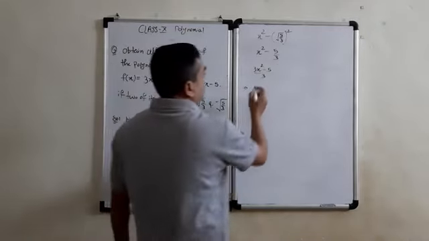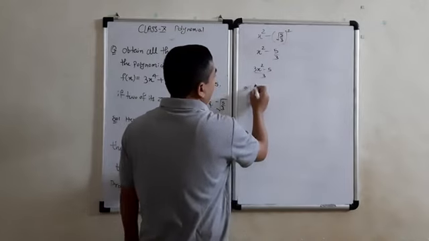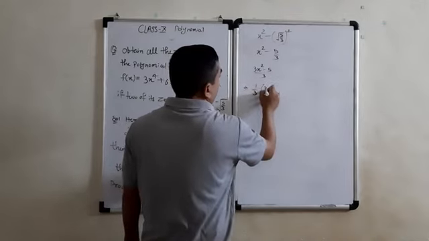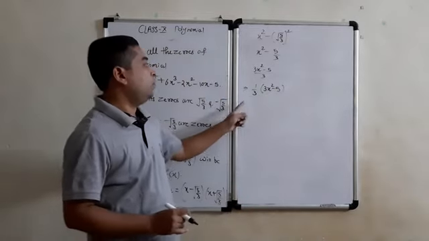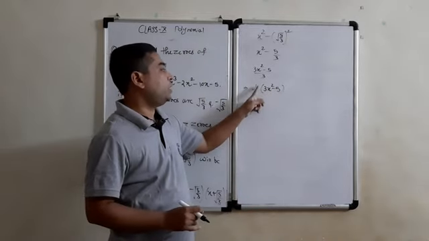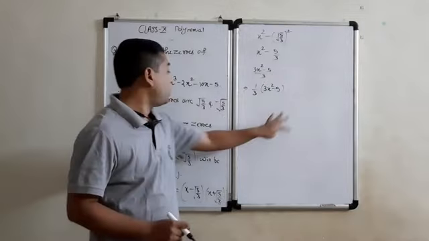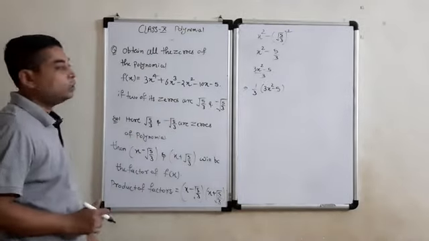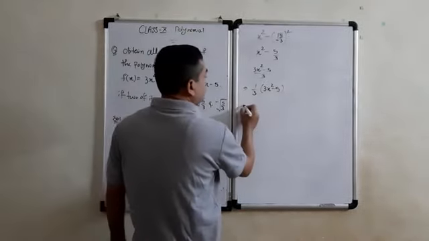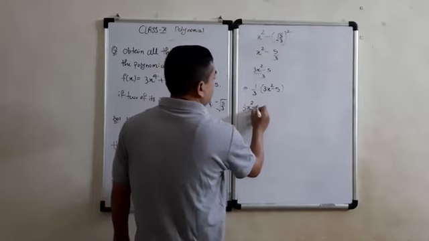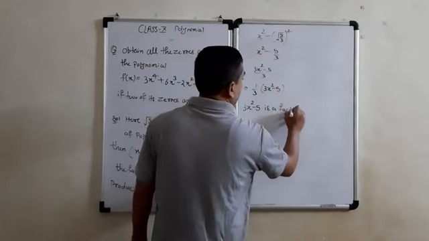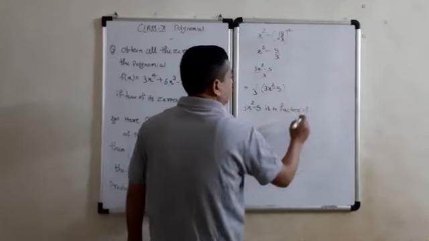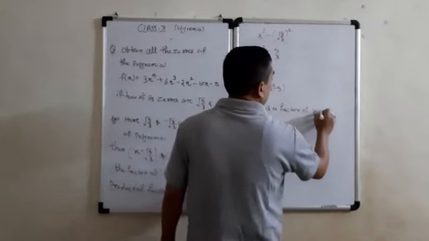So this, if we will put equal to 0, and we can write like this 1 by 3, 3x square minus 5. So here 1 by 3 into 3x square minus 5 is the factor of given polynomial. So obviously this 3x square minus 5 is a factor of given polynomial.